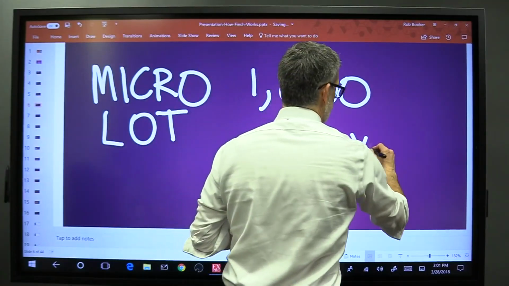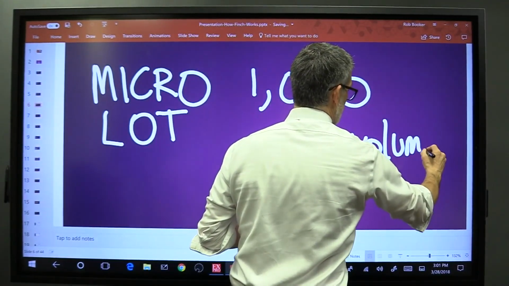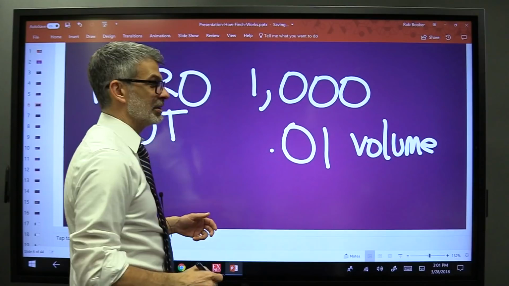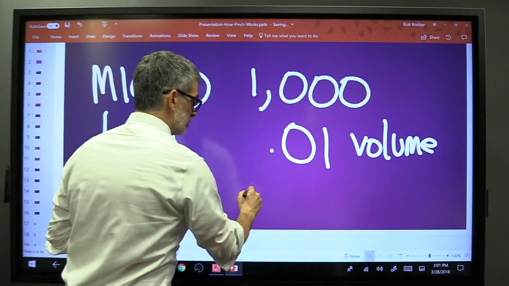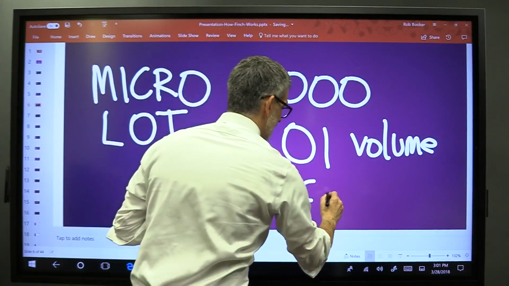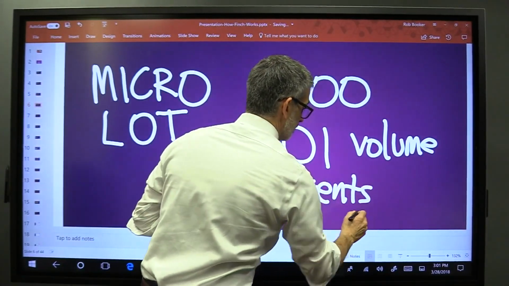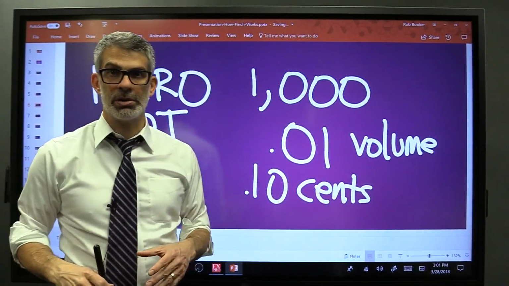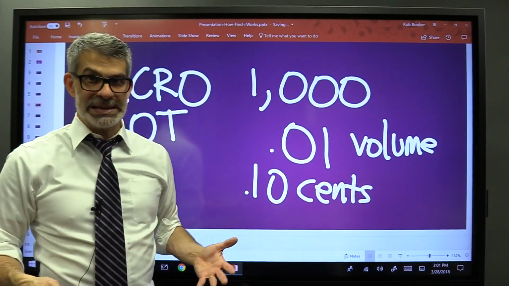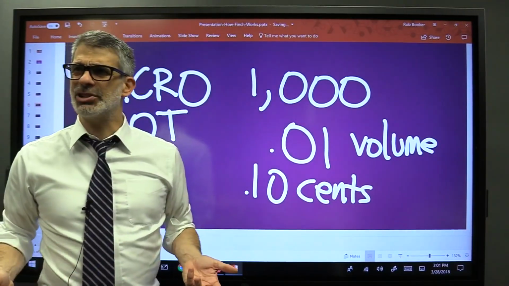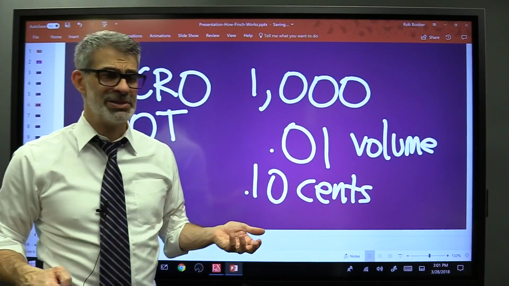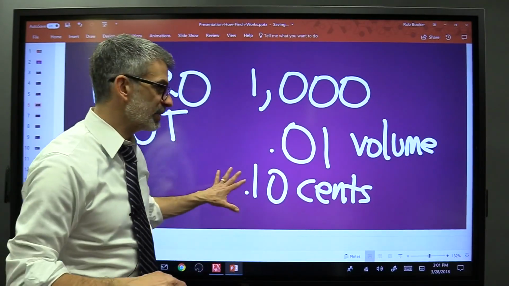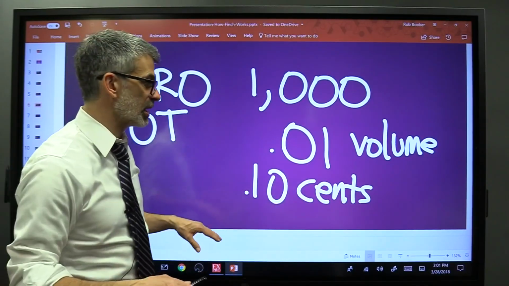So I'm going to use the word volume here because most of you are going to use MetaTrader, and that's the word you're going to see. So that would be the volume. This is worth 10 cents, or 10 pennies, or what's the fraction in pounds? Fraction of a pound is pence, 10 pence, or whatever currency that you're dealing with in your country.